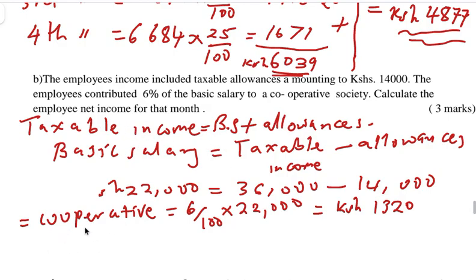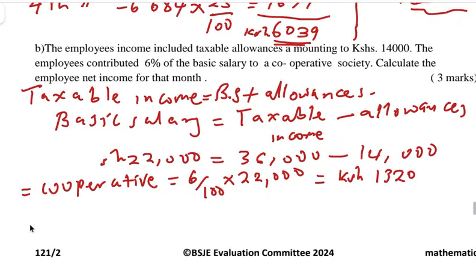For you to get any net income, usually you take your taxable income minus all deductions. So deductions zote hapa ni ngapi?